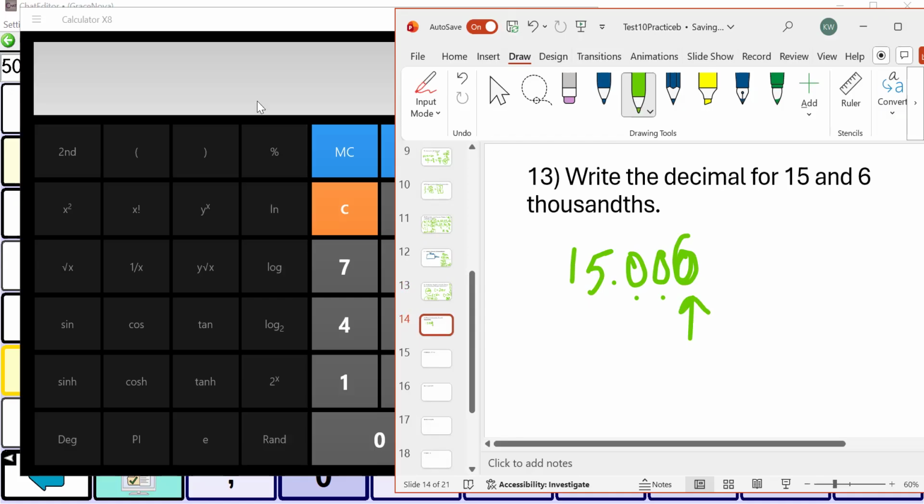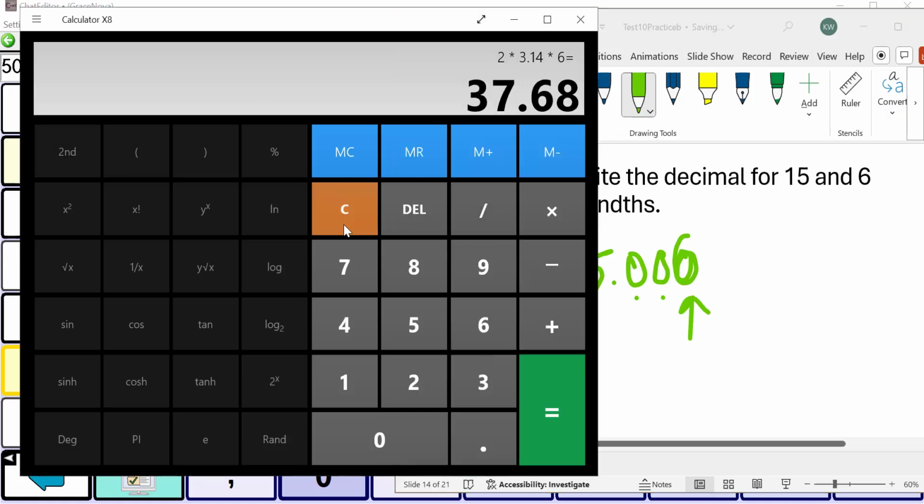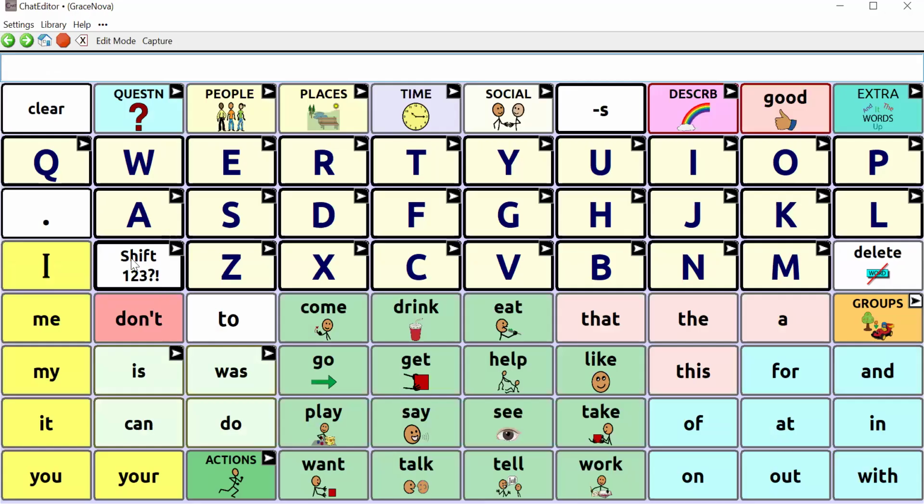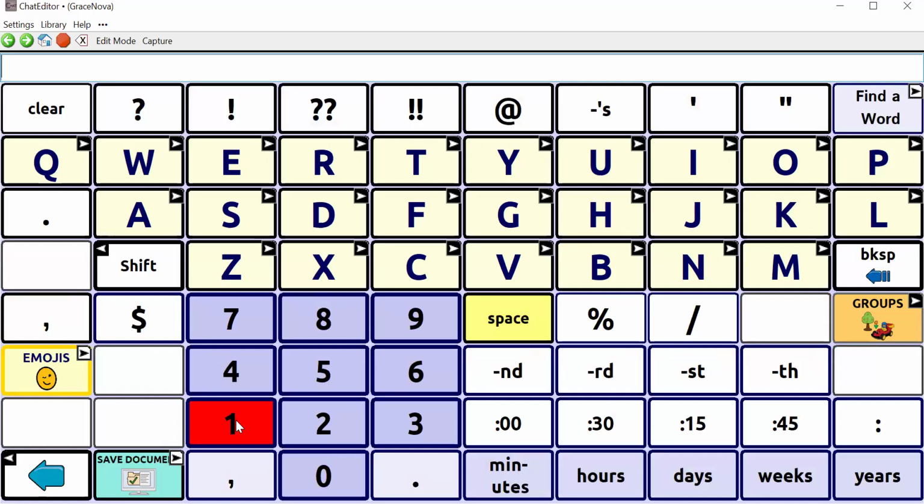And if you had your calculator, you could just type your answer in there. 15 point tenths, hundredths, 6 in the thousandths place.